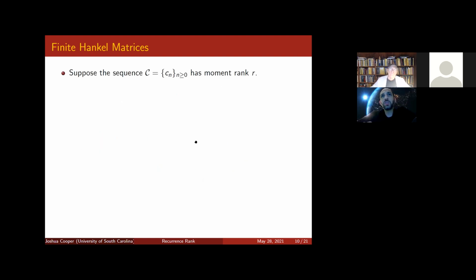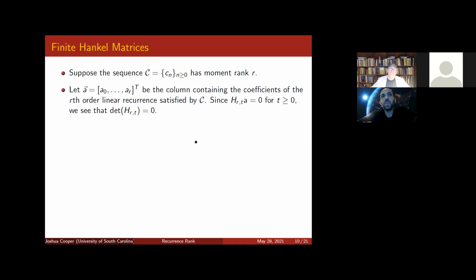So suppose you had a sequence of moment rank R. Let A be the column vector of coefficients of that rth order linear recurrence that it satisfies. Multiplying your Hankel matrix by that vector gives you 0, that's exactly implementing the dot product that occurs in the definition of the linear recurrence.